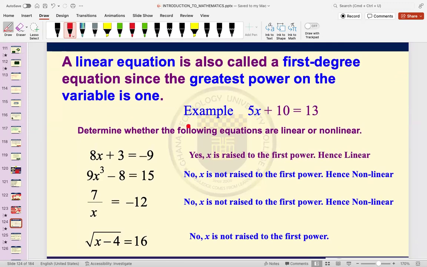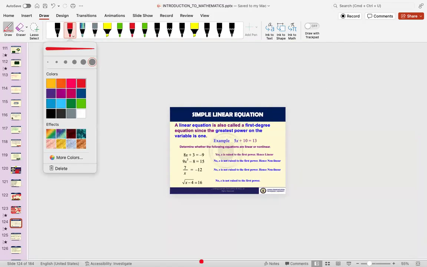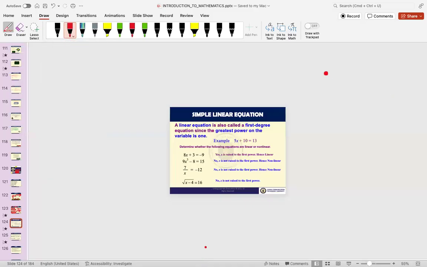Simple linear equation, like I told you, is coming from a line. Why? Because when you have your usual plotting you were taught some time ago, they will tell you plot y-axis, plot x-axis. So you have y, you have x, and then you have a line.